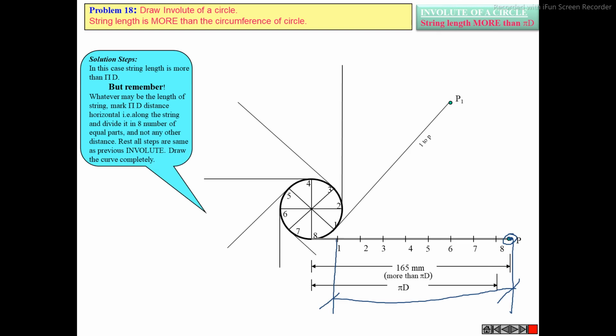Now, in order to get the next locus point, that is P2, which will lie on the tangent line 2, how will I get it?